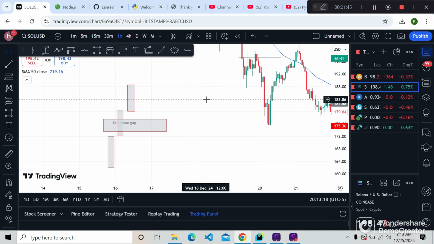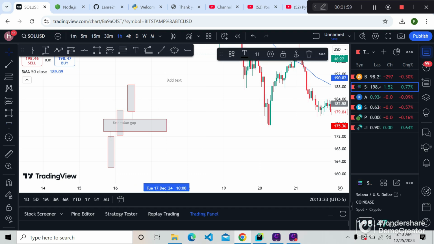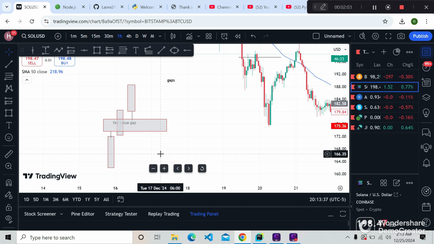And how do we spot our FVGs? Like I said, FVGs are areas of imbalance, which means we are looking for gaps in price, in the candlesticks. What we are doing is looking for three candlesticks.